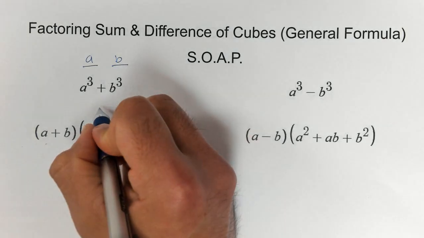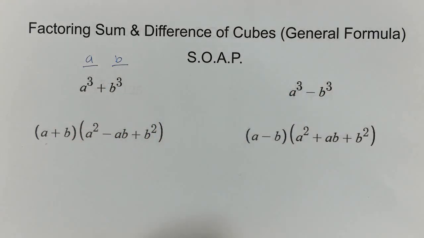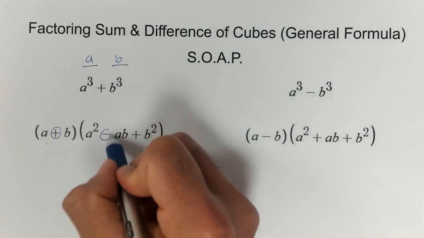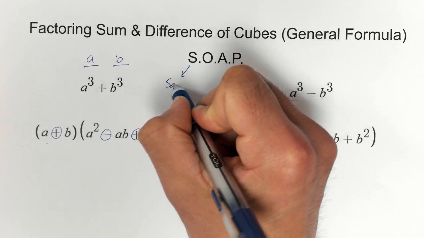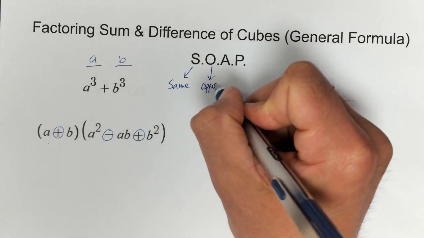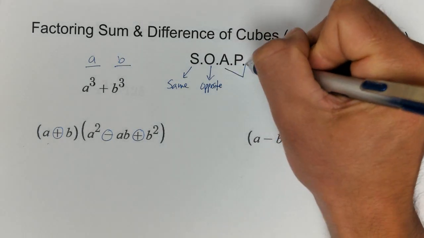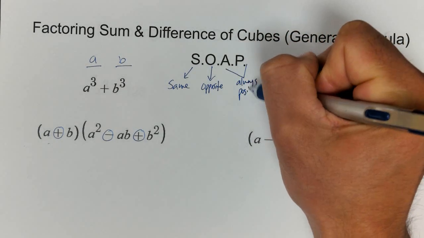Right? I'm going to take the two, and first of all, the SOAP method will tell me how to identify the signs that I'm working with. So S stands for same, O stands for opposite, and AP stands for always positive.